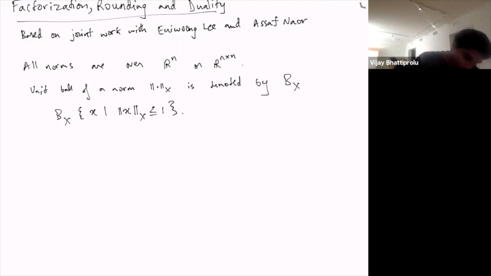And the way to go in the reverse direction: given an origin symmetric convex body, you define a norm as the minimum scaling of the body that contains the vector.